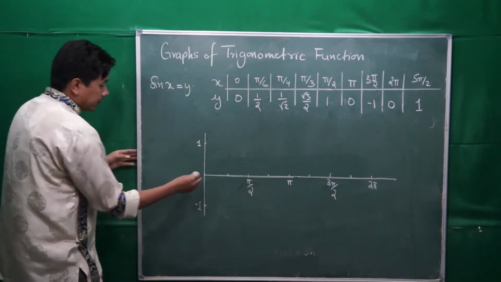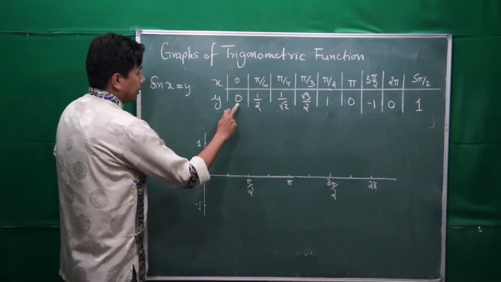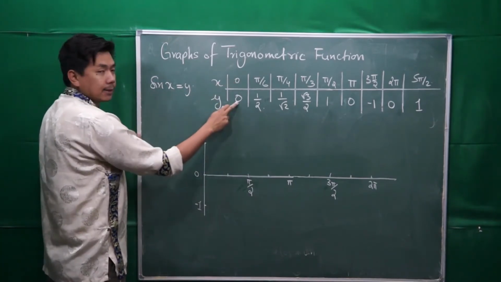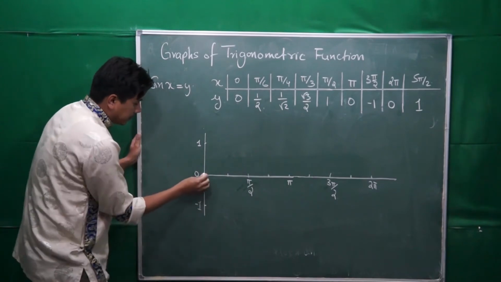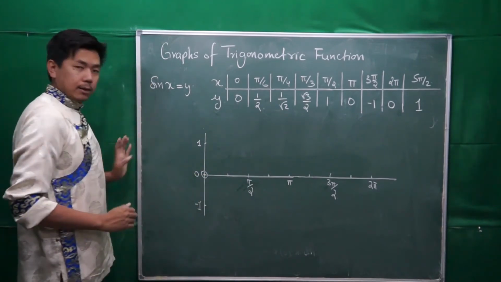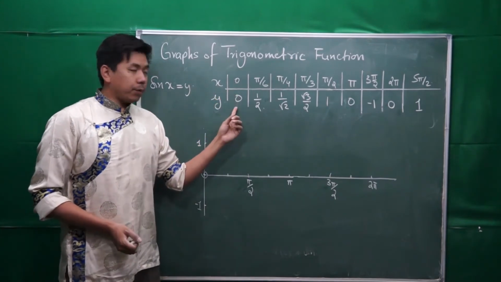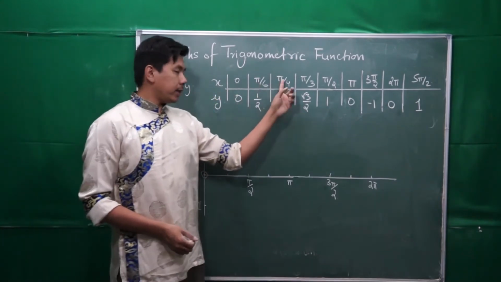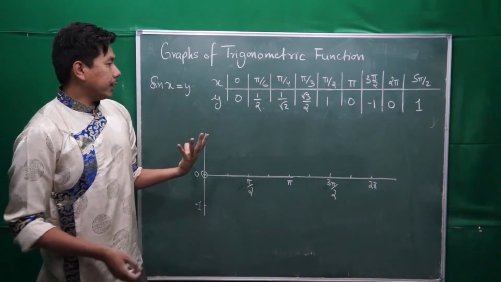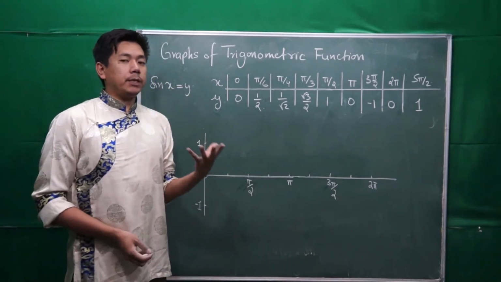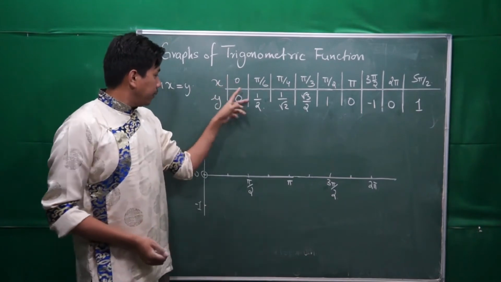So for x is 0 we have y as 0. So this is the coordinate. Clear? So you can see clearly this is the x coordinate, this is the y coordinate. And likewise for construction of the graph we need abscissa and ordinate, which are available over here.